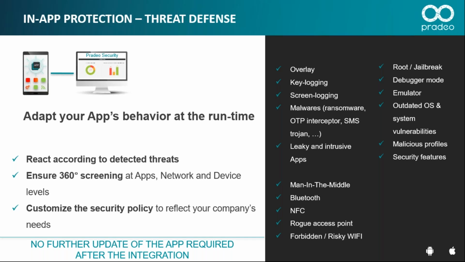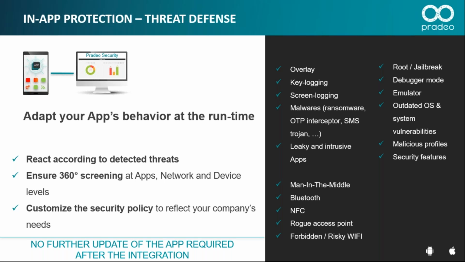Just to make a quick example, if analysis detects a threat like OTP interception or man-in-the-middle, it will be reported. So the customer might decide to downgrade the service of their app, or to continue running the application independently from the analysis result, for example in case of an outdated device, as the risk itself is not impacting your app as highly as, for example, an OTP interception or man-in-the-middle.